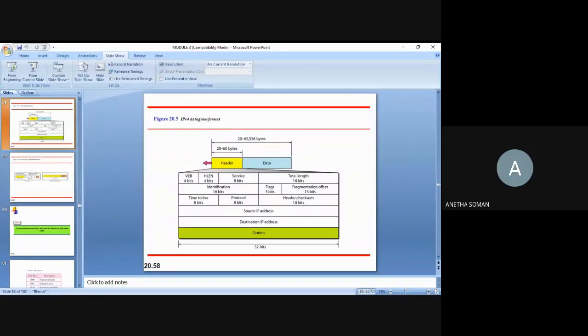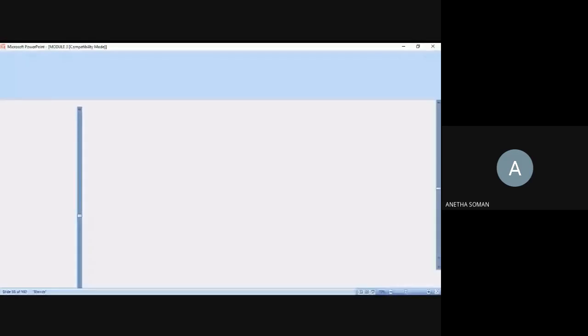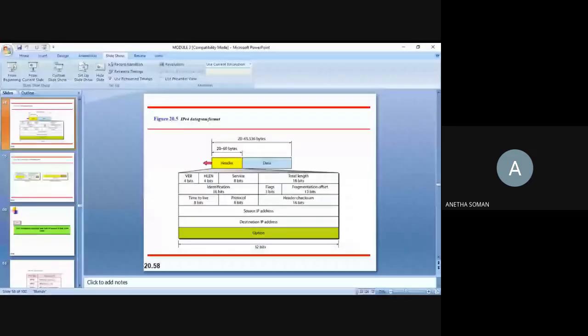So what time to live indicates is that every datagram has a limited lifetime in its travel. Whenever it is passing through the network, the datagram should not remain in the network for a long time. How much time it has to remain in the network is denoted in the time to live field.